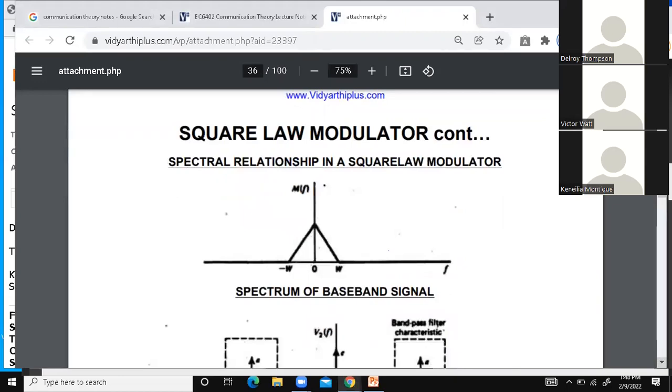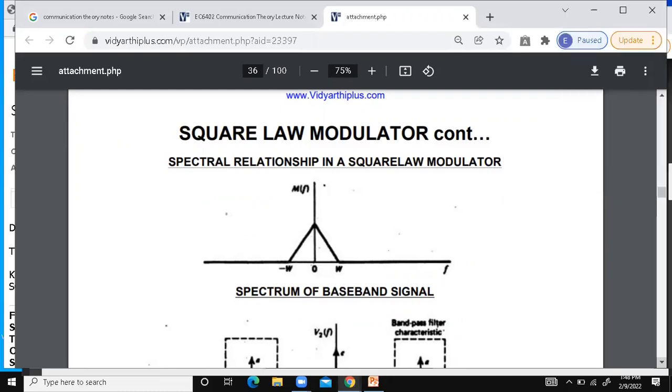So the spectral relationship in a square law modulator. This is, in other words, what's happening pictorially. So this is your information signal, right?